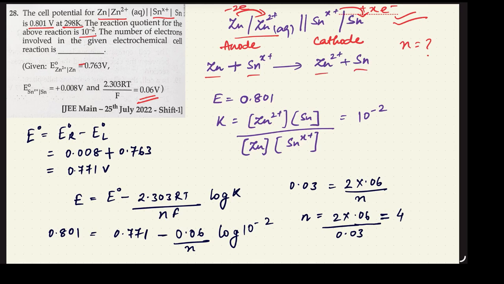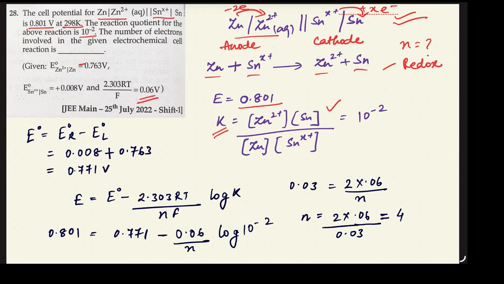Now EMF of the cell is given as 0.801 volt. Now this is the redox reaction taking place in the cell, and the reaction quotient for this redox reaction is the product of the concentration of products, and what are the products? Zinc ion and tin are the products, divided by the product of the concentration of reactants.